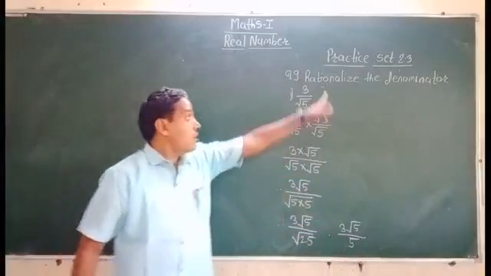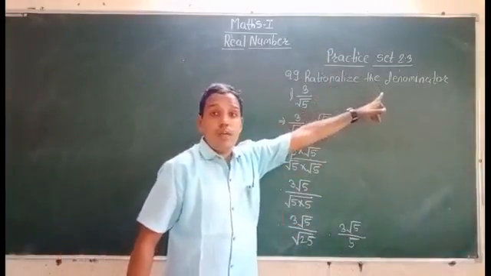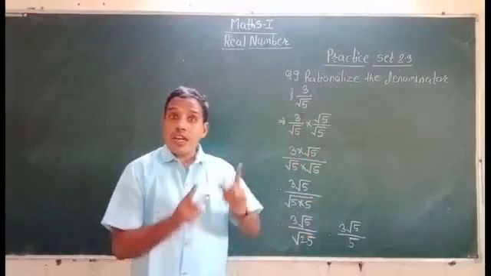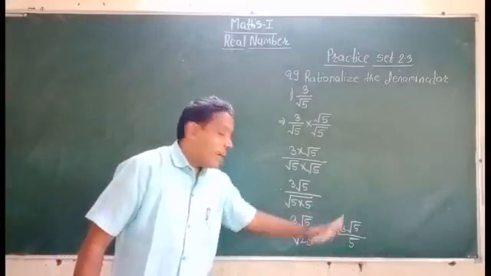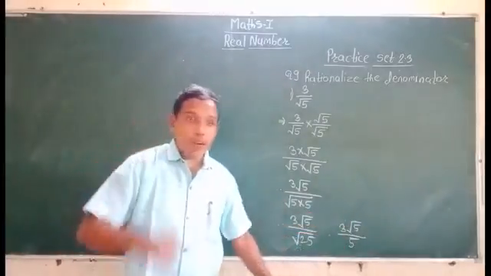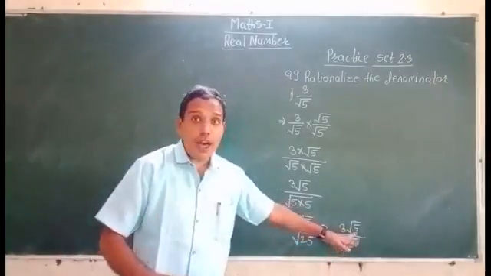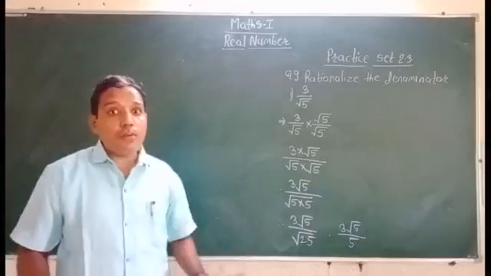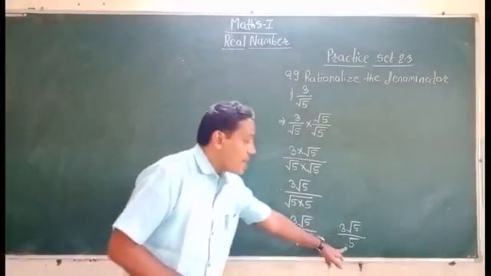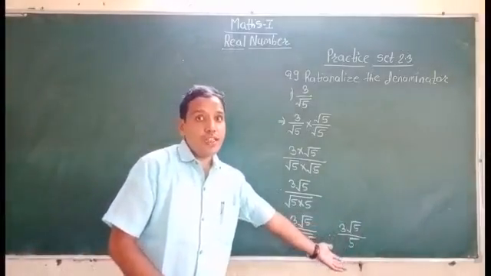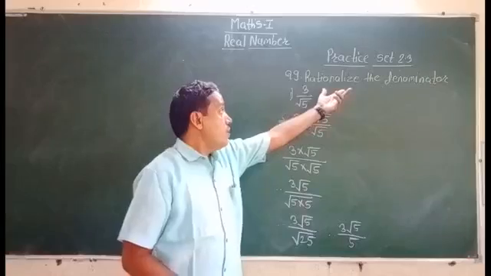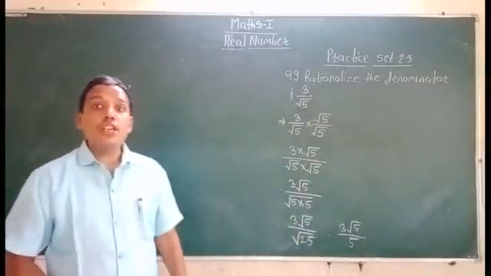At the denominator we have rationalized the denominator; at the denominator a rational number comes. At the numerator, root 5 comes, never mind, but at the denominator only 5 comes. We get the answer, and in this way we have rationalized the denominator.